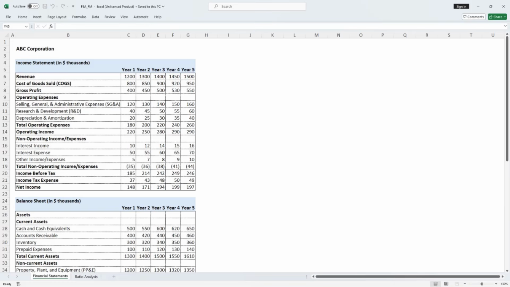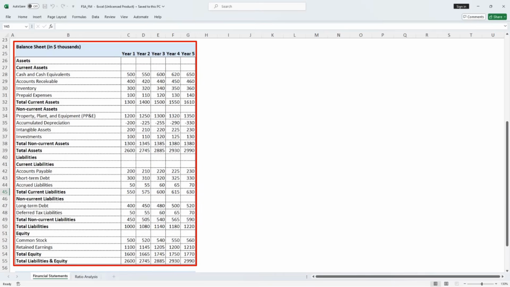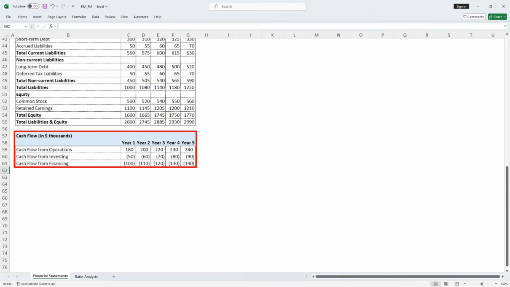This file includes the income statement containing annual details such as revenue, cost of goods sold, or COGS for short, and net income; the balance sheet consisting of information on assets, liabilities, and owner's equity; and the cash flow statements containing details of cash flow from operations, investing, and financing. This data is crucial for calculating various financial ratios that help in analyzing a company's performance over the years.